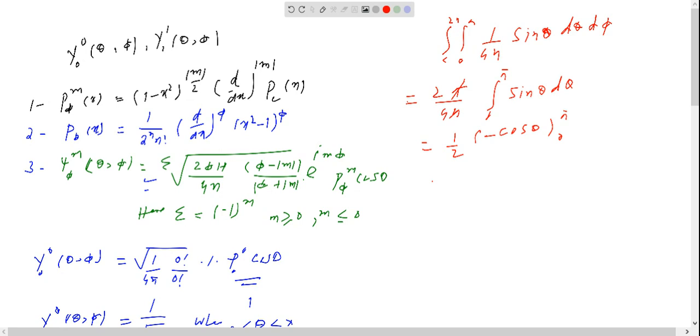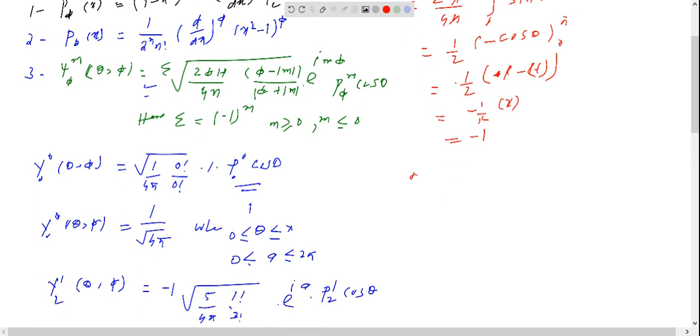So this becomes 1 out of 2 into minus (minus 1 minus 1), so this is equal to 1 out of 2 into 2. So this will get cancelled and it becomes 1. So this function is a normalized function.